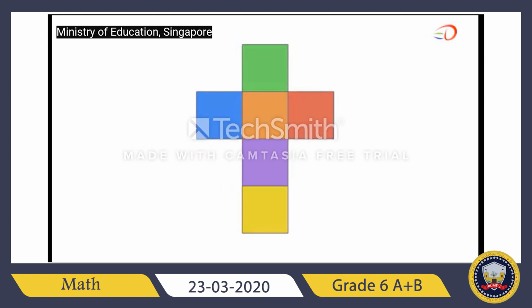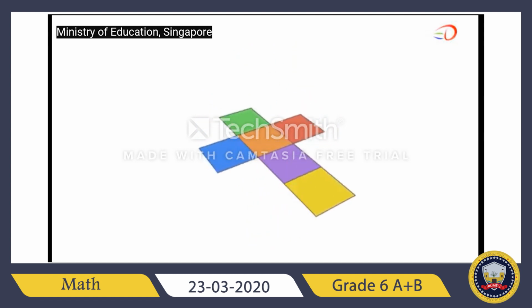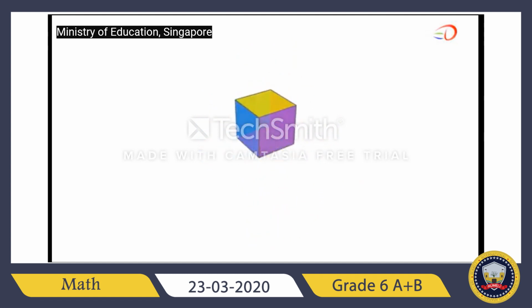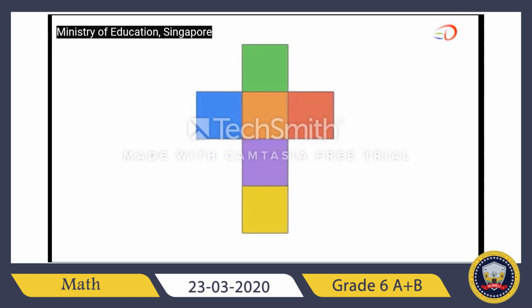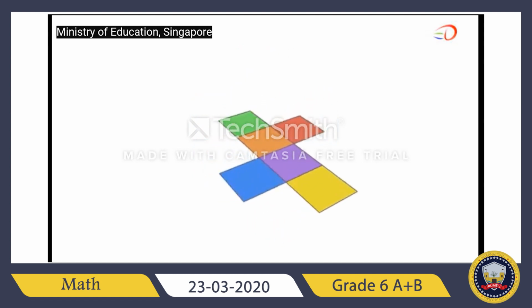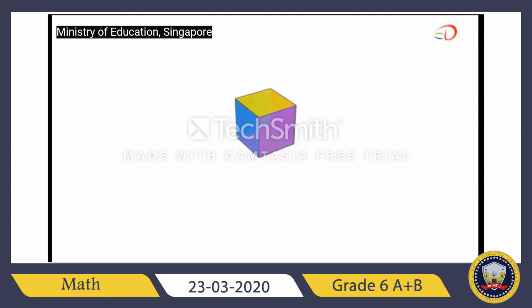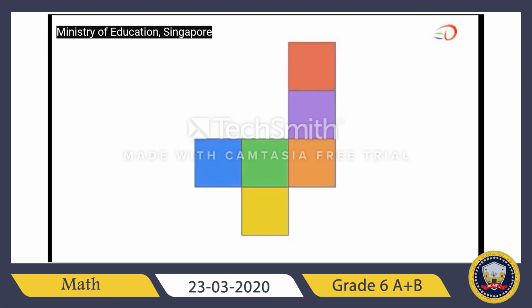How about this? Can it be folded to form a cube too? Yes, it can. Here is another. Is this a net of a cube? Let's check it out. Yes, this is the net of a cube. How about this?